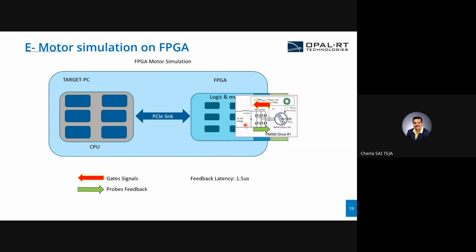The data will be taken from the FPGA directly to the external controller, and the feedbacks as well, or whatever the response from the controller, it will be directly read on this IO, then given to the converter which is running on the FPGA. Here you can see the feedback latency will be just 1 or 1.5 microseconds. With this kind of feedback latency, we can happily run the converter at hundreds of kilohertz.